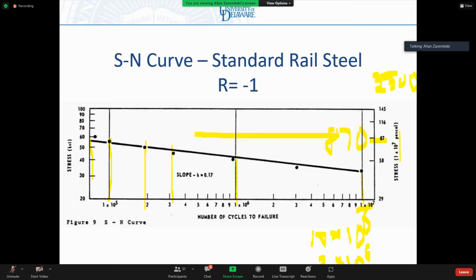And at 870 megapascals, I'm over here at roughly 50,000 cycles. At about 700 megapascals, I would be over here at roughly 200,000 cycles to failure.